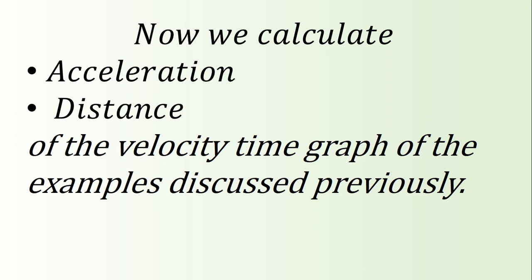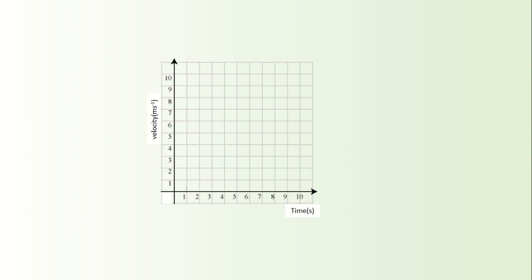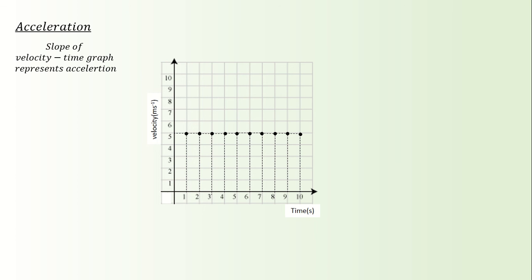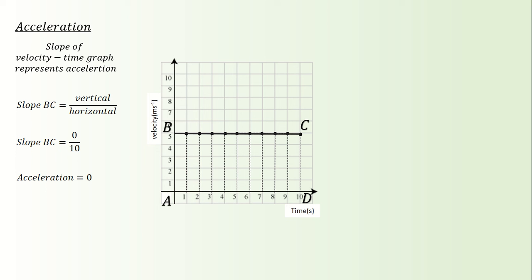Now we will calculate acceleration and distance from the velocity time graphs of the examples discussed previously. In this example, the slope of the velocity time graph represents acceleration. We can see that here vertical is equal to 0 and horizontal is equal to 10. By putting the values, acceleration will be equal to 0 meter per second square.